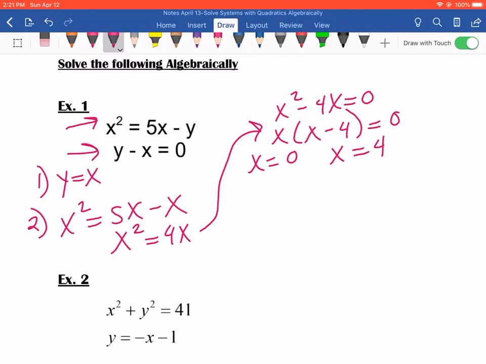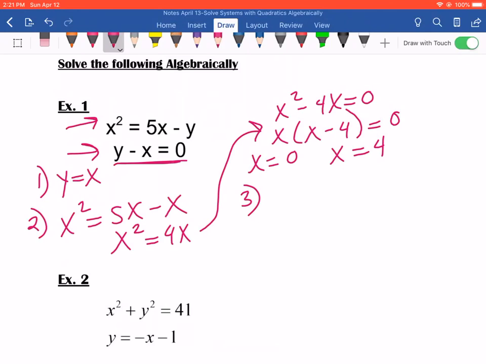All right, so now at this point, I want to go ahead and, I guess technically this is step number 4, plug these x values back into one of the equations to get the corresponding y value. So the easiest equation that I can see to do that with is my y minus x is equal to 0.